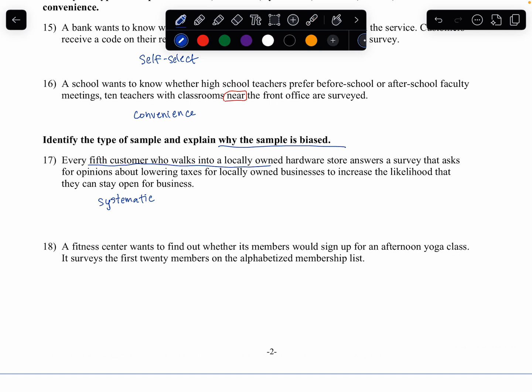Every 5th customer is a rule that is followed that determines who's selected. So systematic, and why is it biased? Because they're asking their own customers, who likely want them to stay in business.